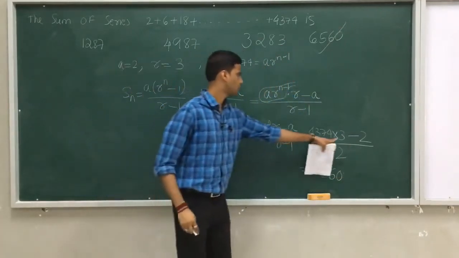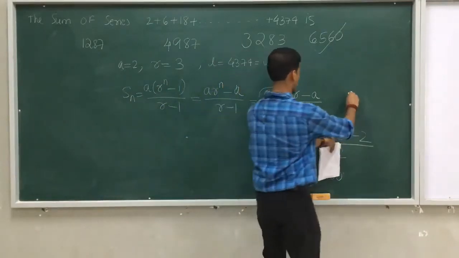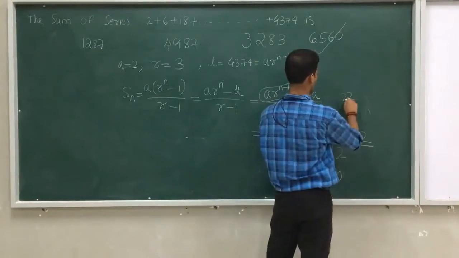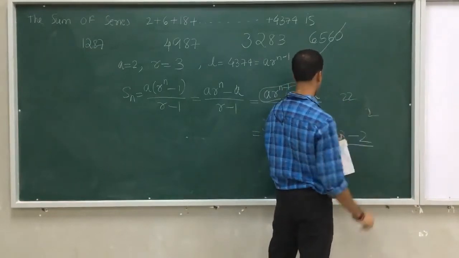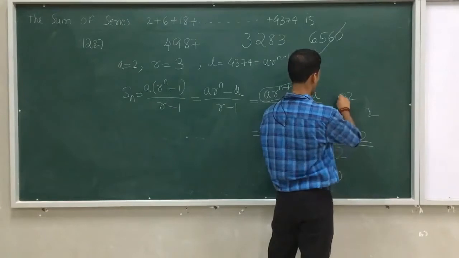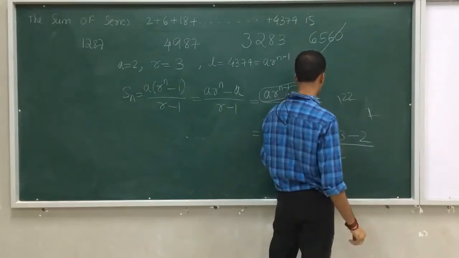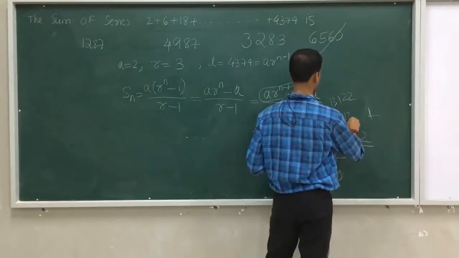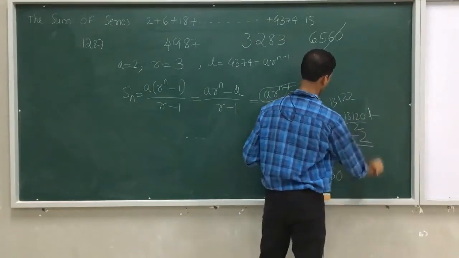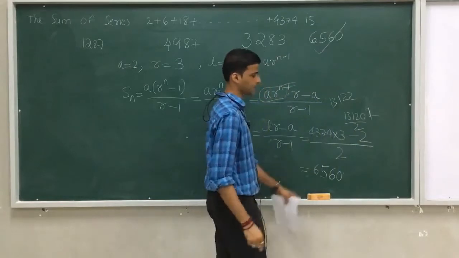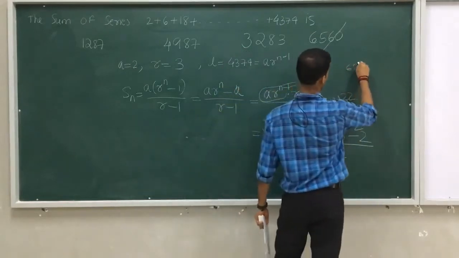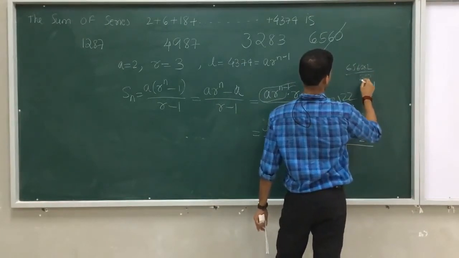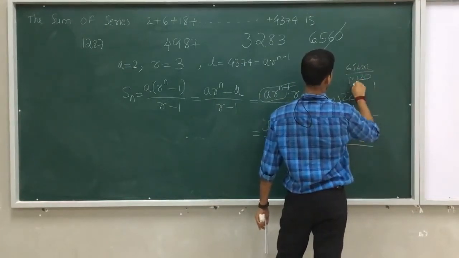After simplification, 4374 into 3 minus 2, divided by 2, you will get the answer 6560. You just check, this will be the right answer. 4 threes are 12, 3 sevens are 21 plus 1 is 22, 3 threes are 9 plus 2 is 11, 4 threes are 12 plus 1 is 13. So you will get 13120 divided by 2, which means 6560 only.